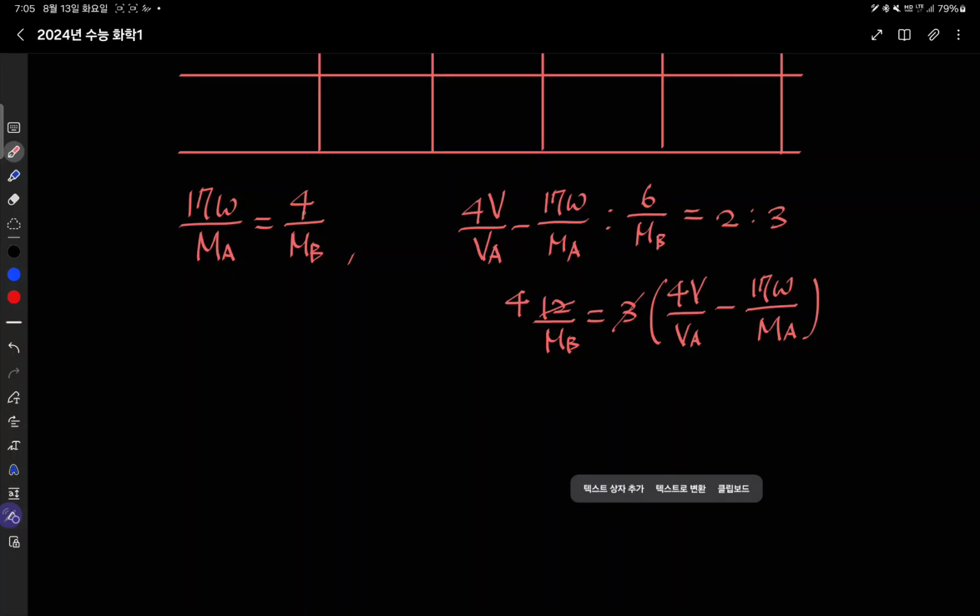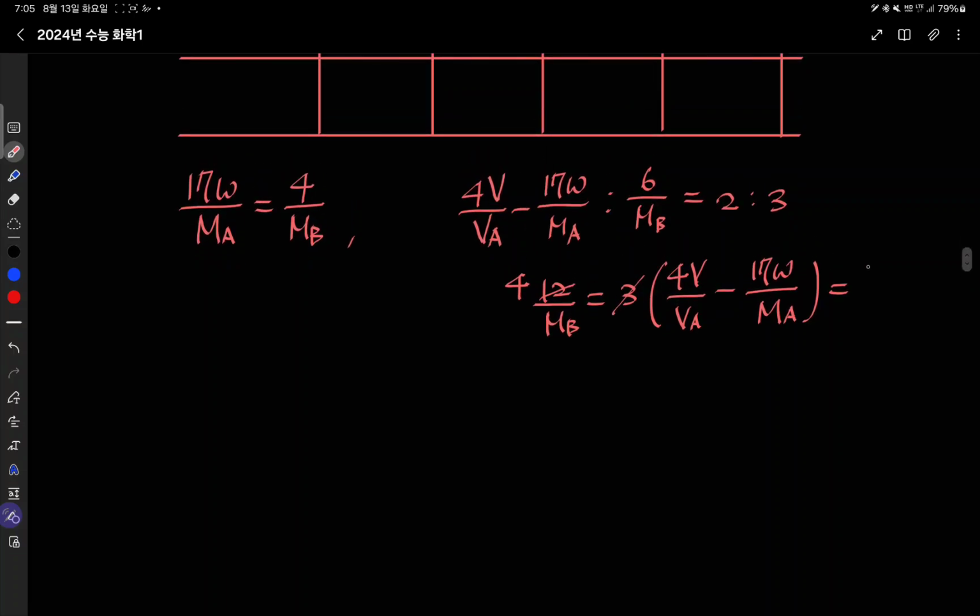And then because 4/MB is equal to 17W/MA, this means 4V/VA is equal to 34W/MA.